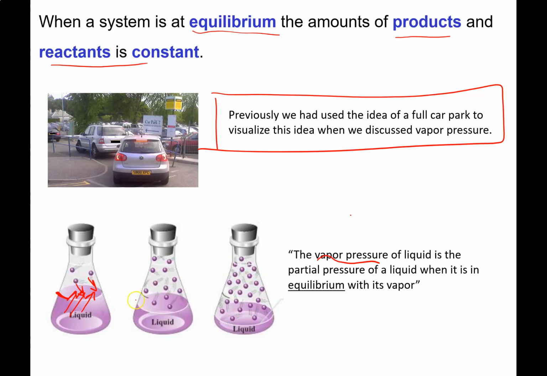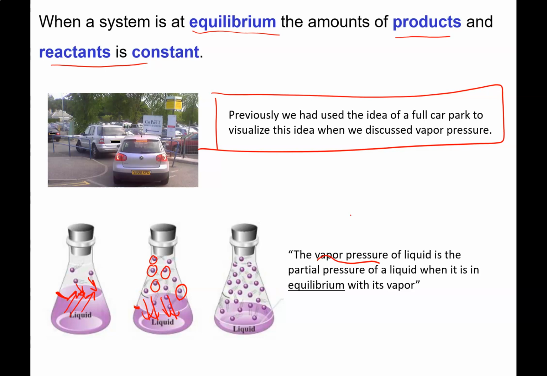So after a while the level of the liquid drops, and now we have more particles in the gas phase, and the rate at which particles return from the gas phase to the liquid will increase.